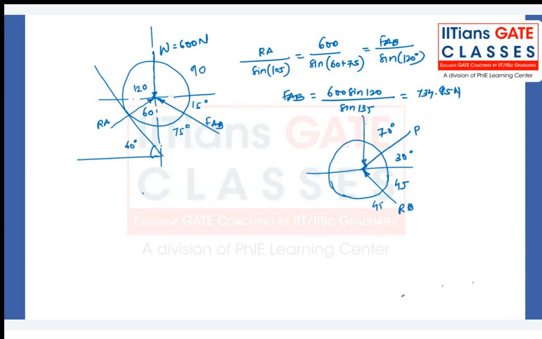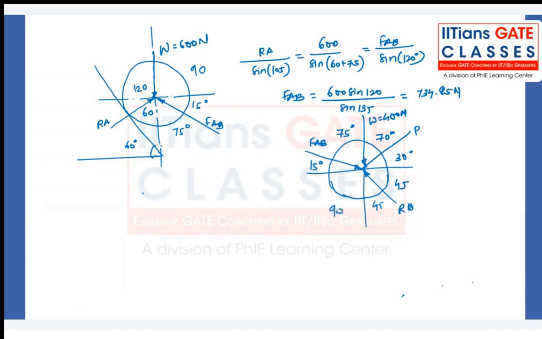W is equal to 400 Newton. And any other force? Yes, FBA. This is 15 and this is 75, okay, and this is 90.